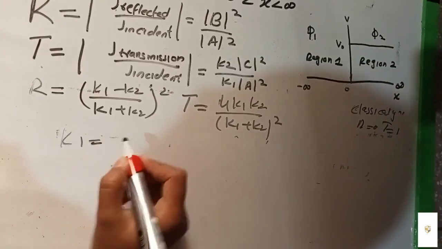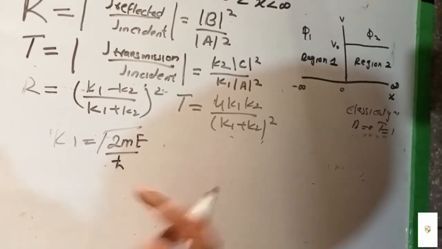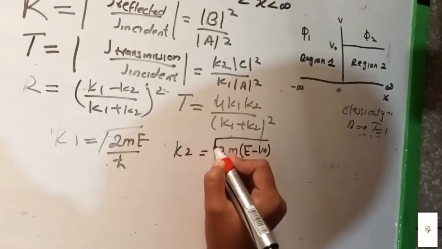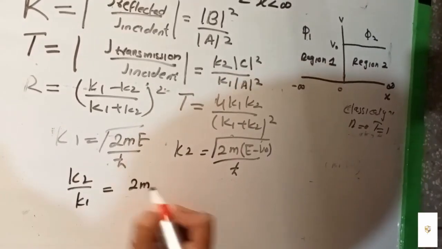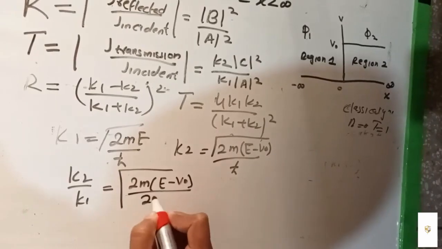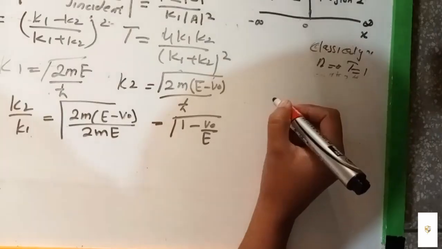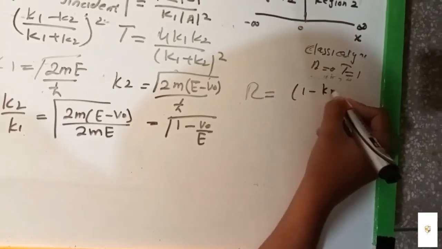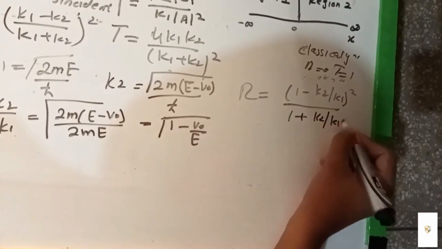We know k1 is equal to square root 2m E over h cut, k2 is equal to square root 2m E minus V naught over h cut, and k2 over k1 is equal to square root 2m E minus V naught over 2m E, which is equal to square root 1 minus V naught over E. We can also write reflection coefficient as 1 minus k2 over k1 whole square over 1 plus k2 over k1 whole square.